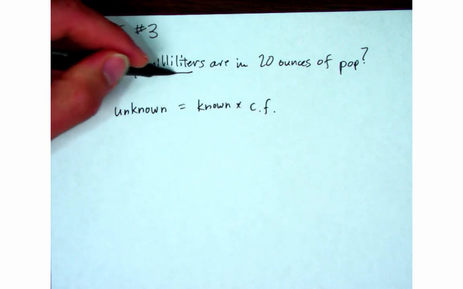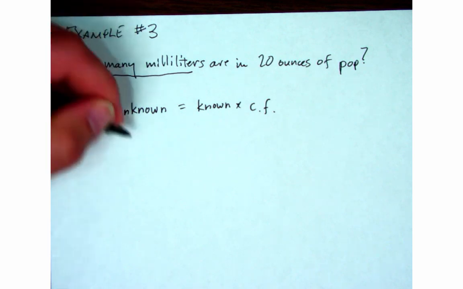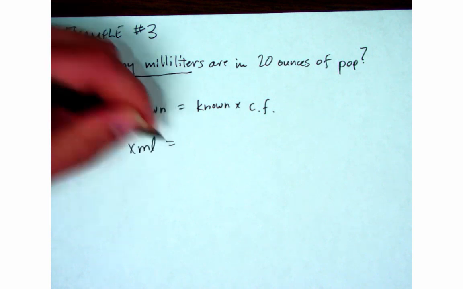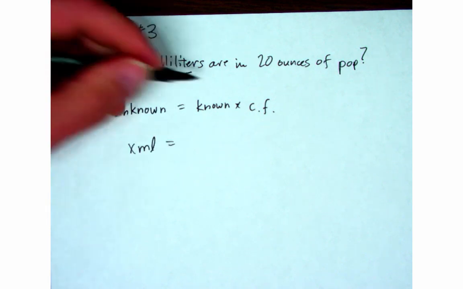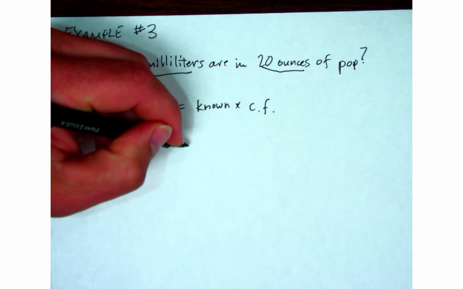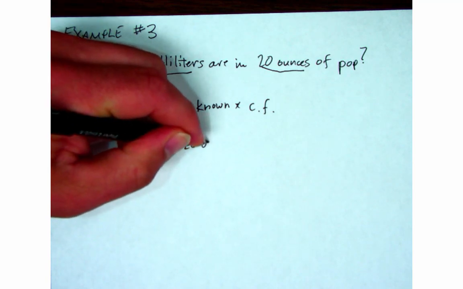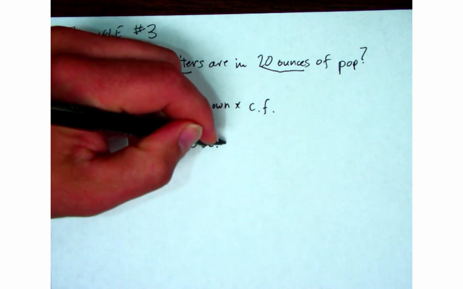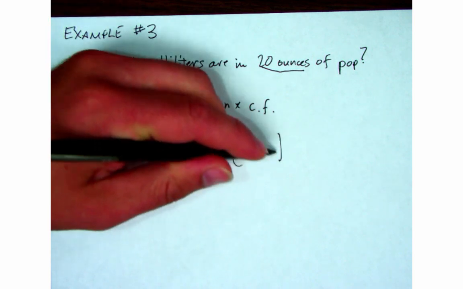So how many milliliters is my unknown? So that's going to be X milliliters. My known value is 20 ounces. The abbreviation is OZ. And now I need to multiply that times my conversion factor.